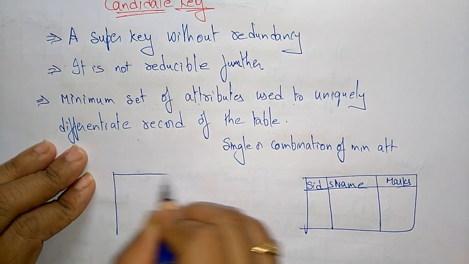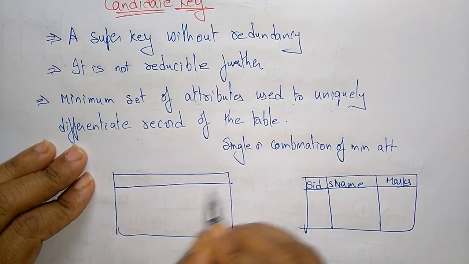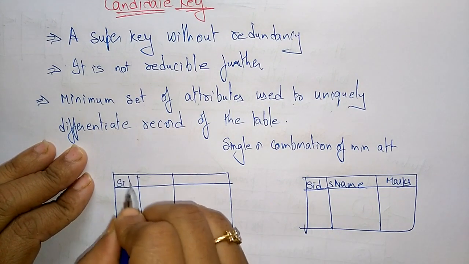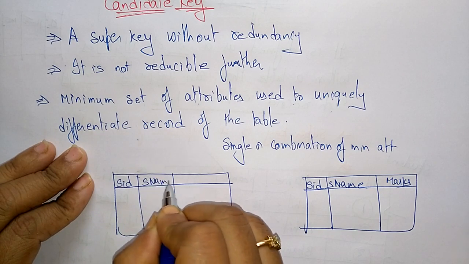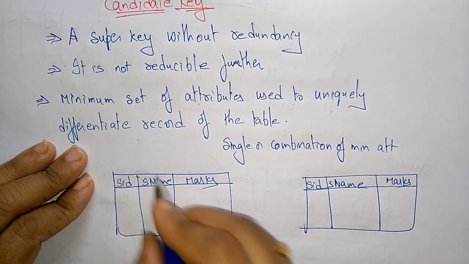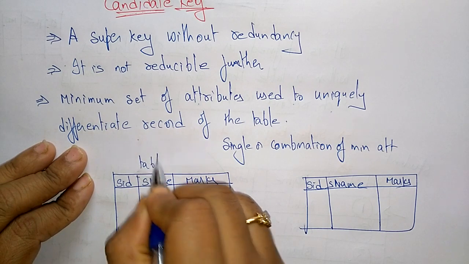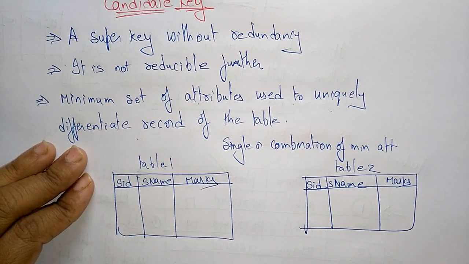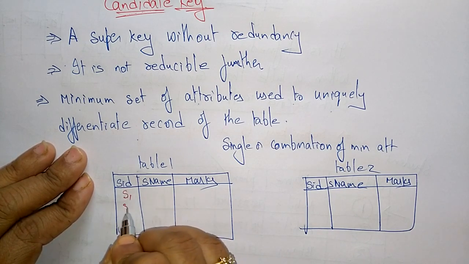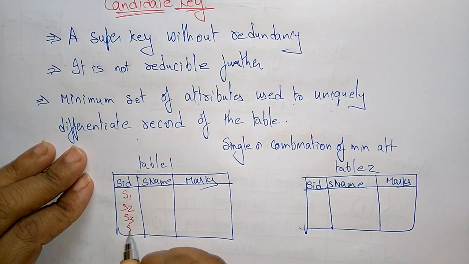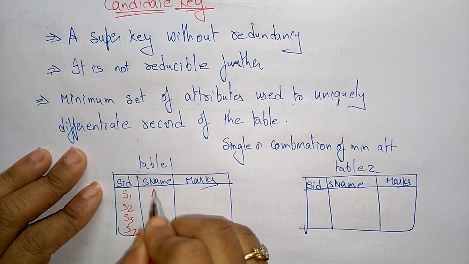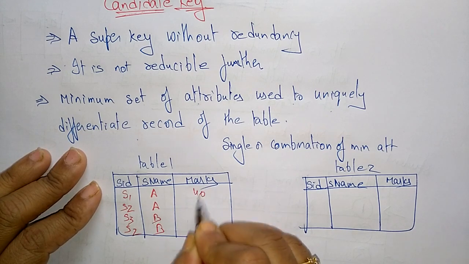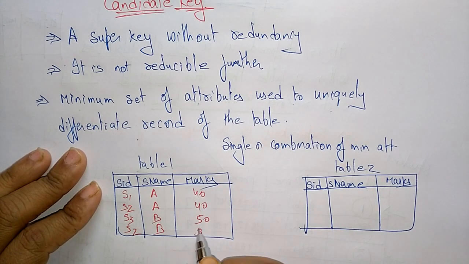Here you just take a single attribute or a combination of minimum attributes. Let me take two tables. In one case I'll take the combination of minimum attributes, and in the other, student ID, student name and marks. This is table 1 and this is table 2. Suppose the fields for table 1 are S1, S2, S3, S2 for student ID, names A, B, B, and marks 40, 40, 50, 50.